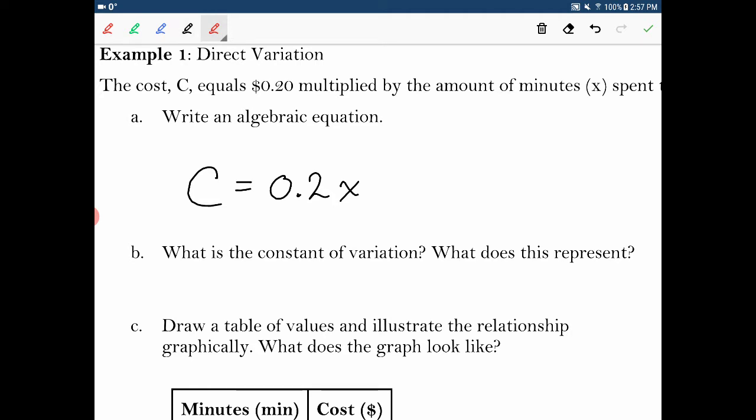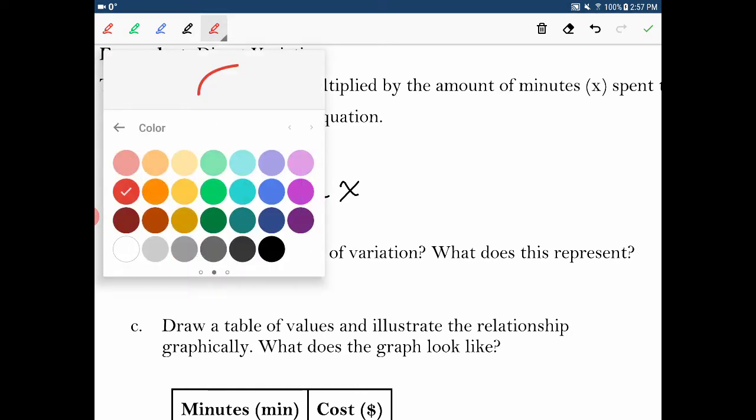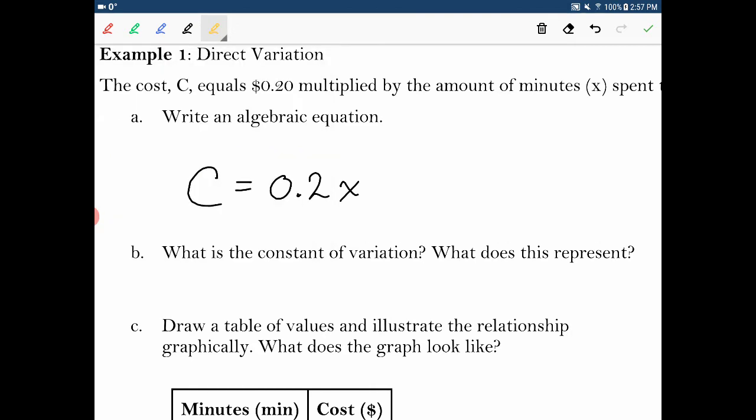This number here is your constant of variation. It's the number that you're just always multiplying by.